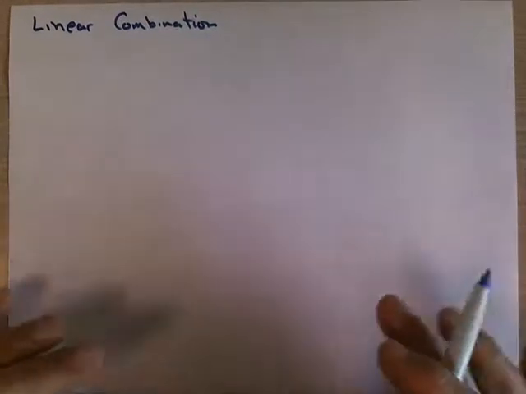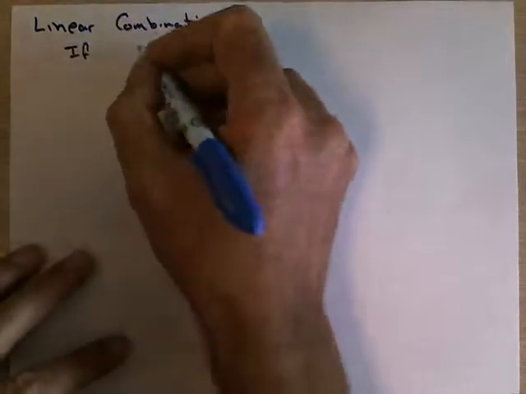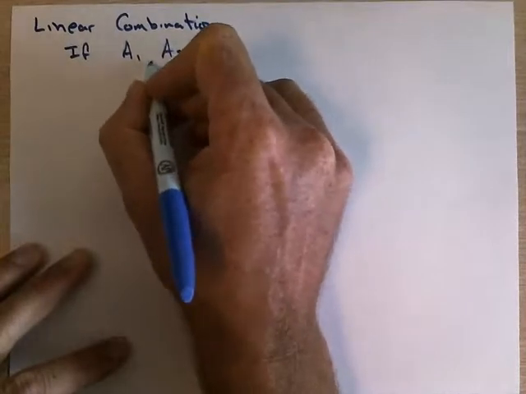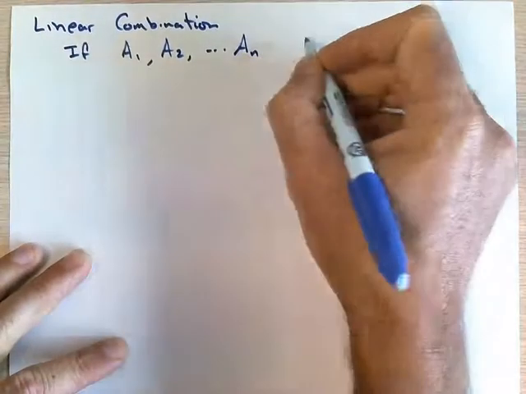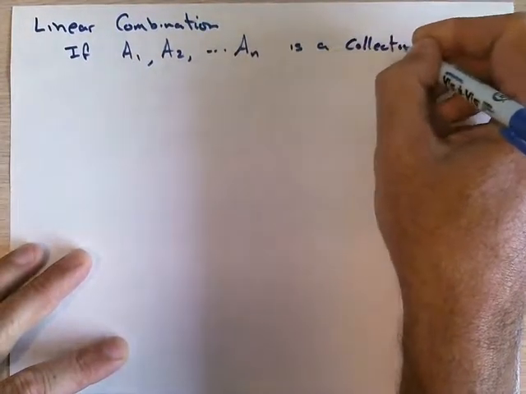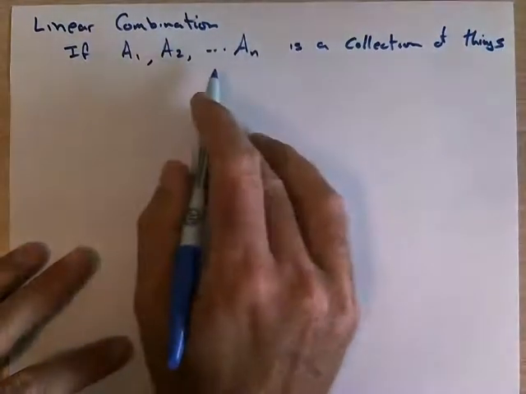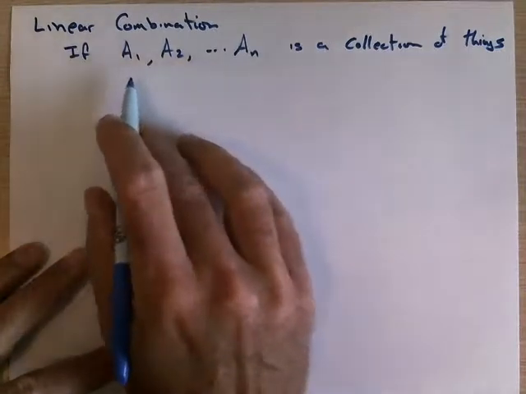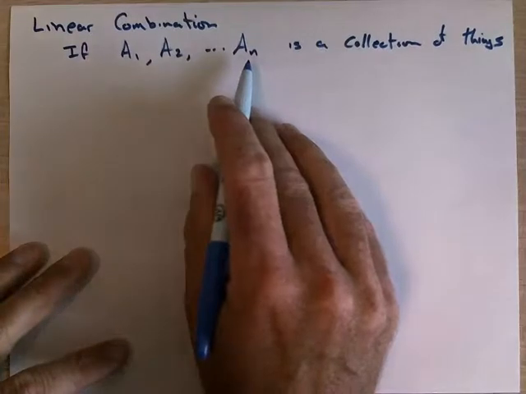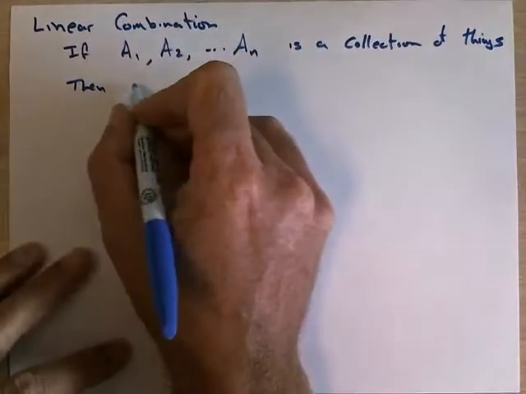I just want to give one and let it include everything. So, if A1, A2, up to AN is a collection of things, or a set of things. Those things might be variables, functions, or matrices. I don't really care what they are. Then the following is what we want.